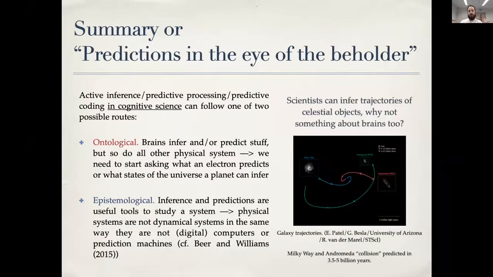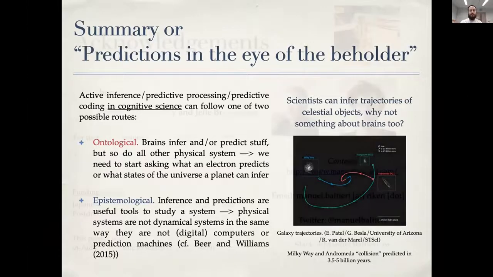I mean, we are trying to predict even galaxies colliding with each other up to 5 billion years away. Does that tell us something about what the galaxies are doing? Well, in a way, it helps us predict their behavior, which is what most of us are interested in at the end of the day.